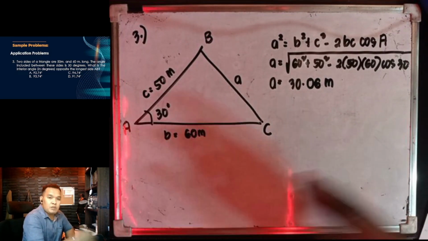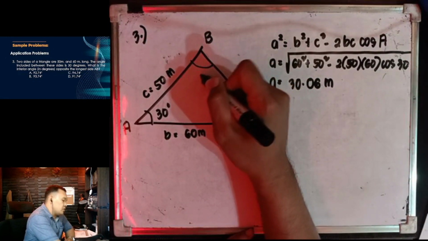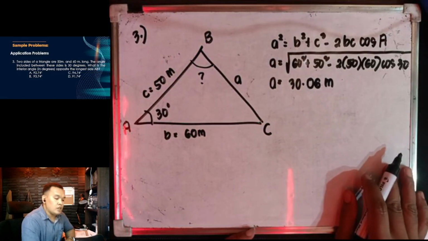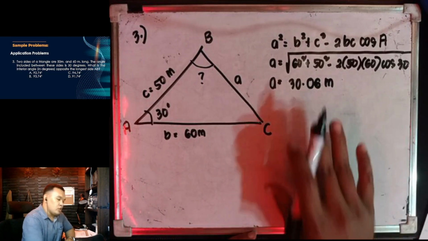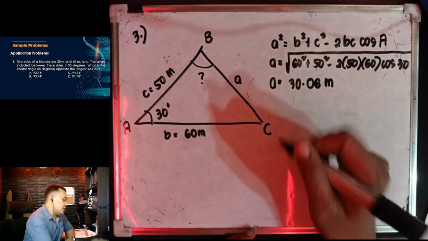So, the angle na hinahanap dyan is itong nanditong part na to. To get the value of B, we could use cosine law ulit.